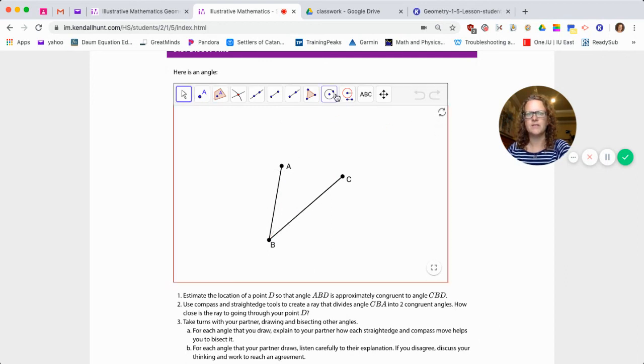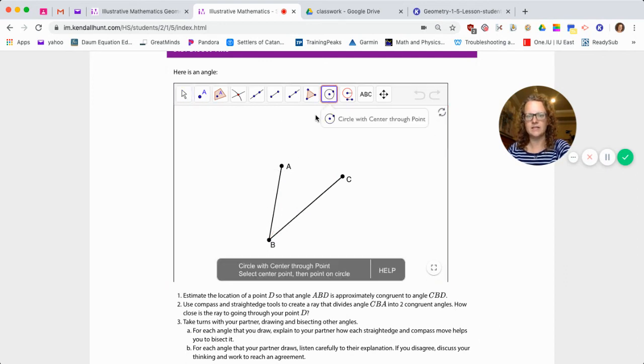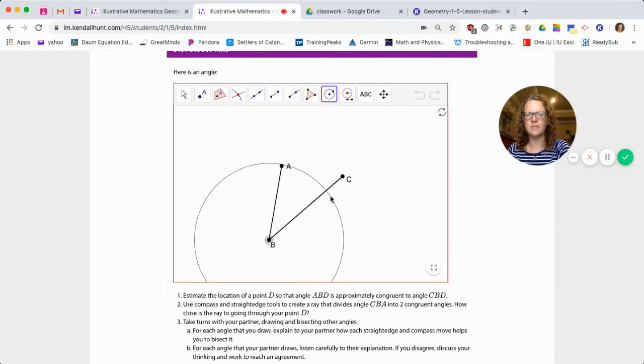There we go. So if I want to draw an angle bisector, first I'm going to draw a circle at B. It can be a big circle, it can be a small circle. And then I want to show those intersection points: circle and this segment, circle and that segment.